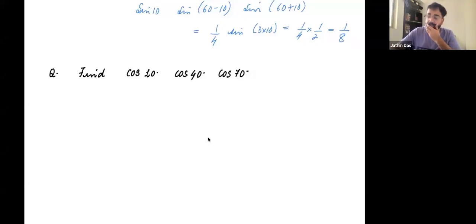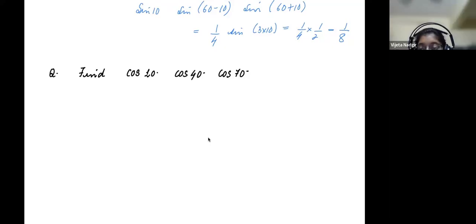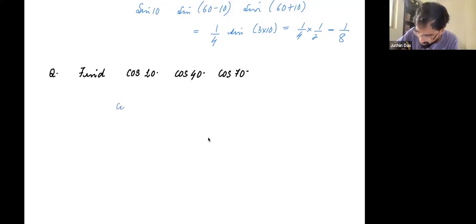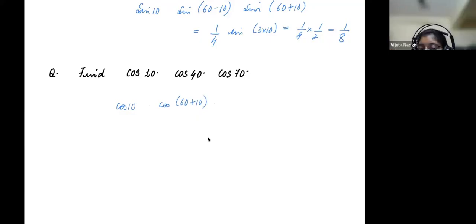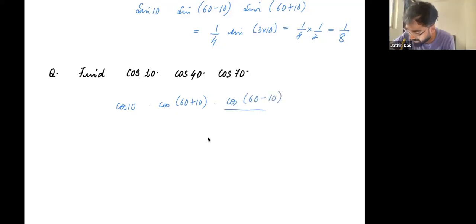So what is the problem here? See, here there is a cos 10. Here there is a cos 60 plus 10. But there is no cos 60 minus 10. So I will keep cos 60 minus 10 here, and I will divide that cos 60 minus 10 into cos 40.